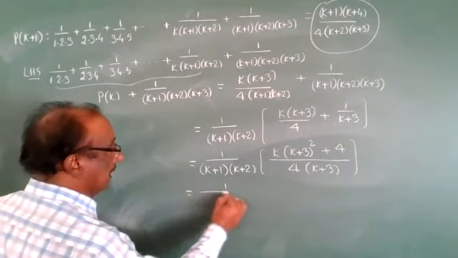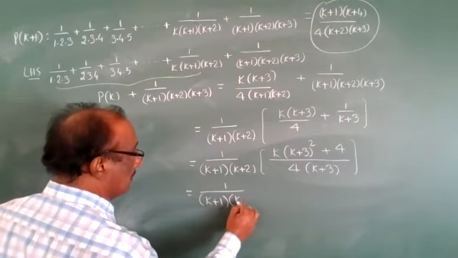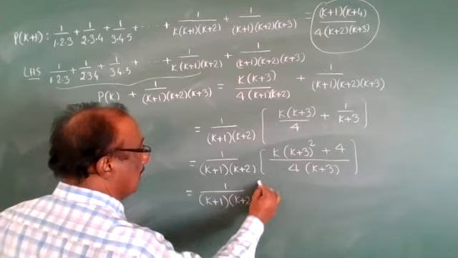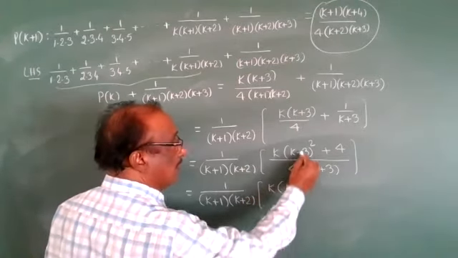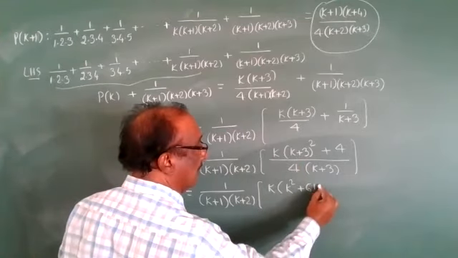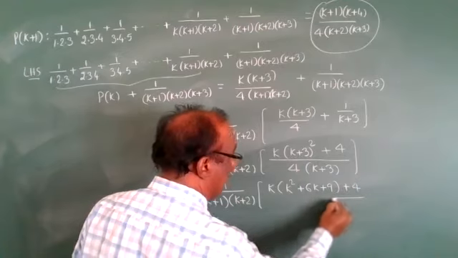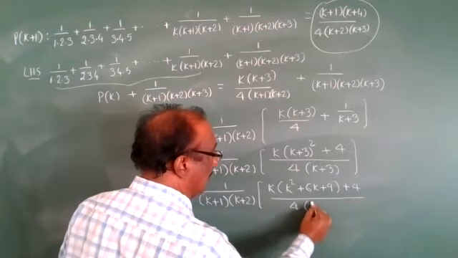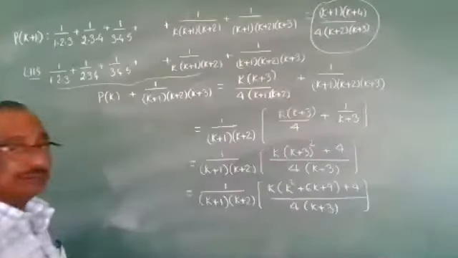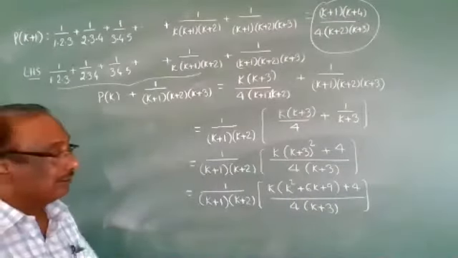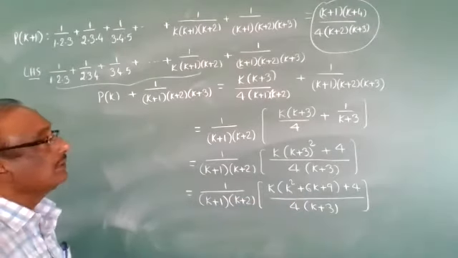1 by k plus 1 into k plus 2. Here k into k plus 3 whole square, using the a plus b whole square formula, k square plus 6k plus 9, plus 4 upon 4 into k plus 3. Multiply with the k and write down the factors.